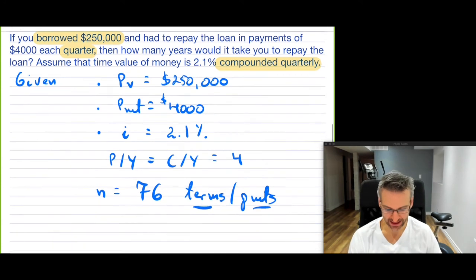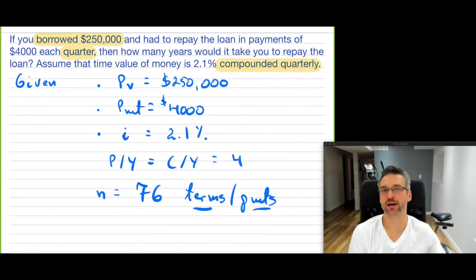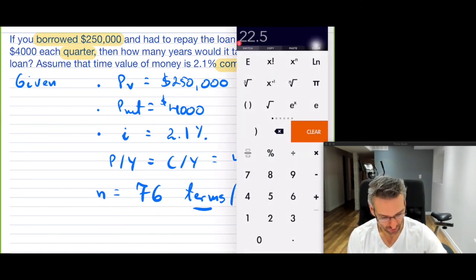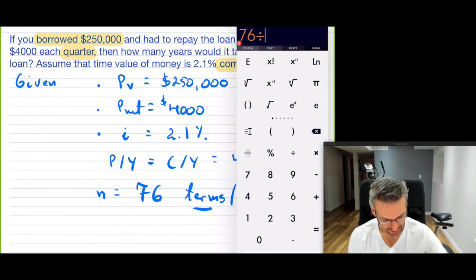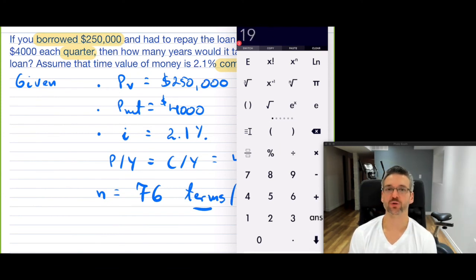Now, these payments were coming in quarters, right? So if you want to find out how many years this was, you basically have to divide this by 4 because there are 4 quarters in every year. So 76 divided by 4 will tell you that this would take you about 19 years to pay off.